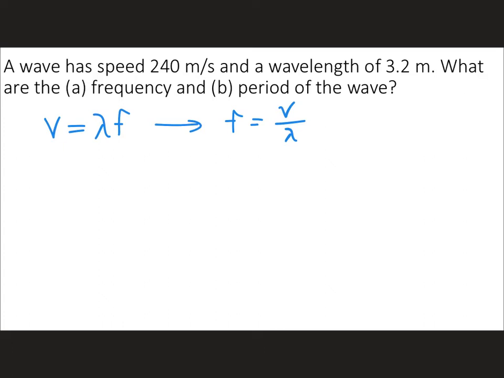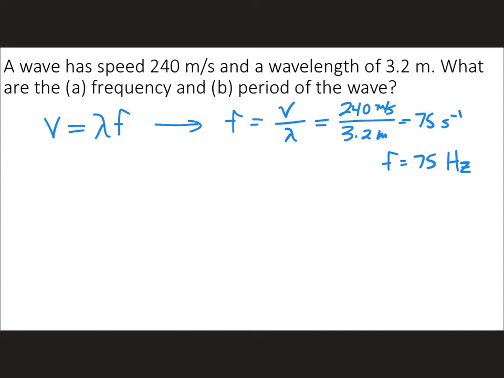And so we have wavelength and speed data given straight out of the problem, and so this 240 meters per second over 3.2 meters means we have this 75 inverse seconds, if you will, because a meter per second divided by a meter is a per second. And what we call that means that the frequency is 75 hertz.